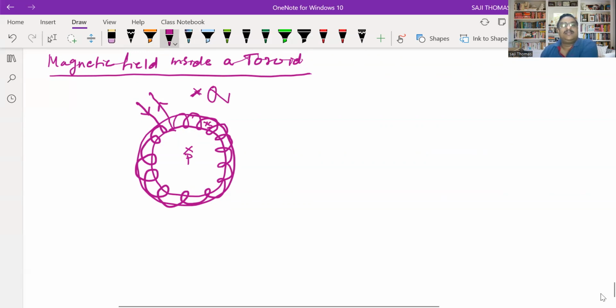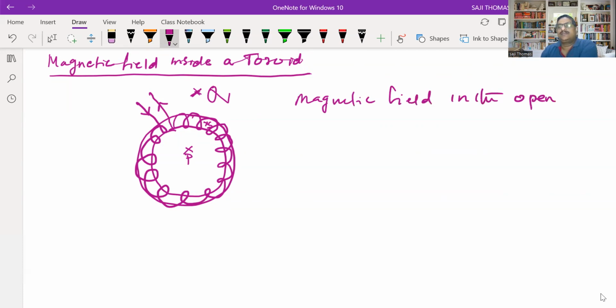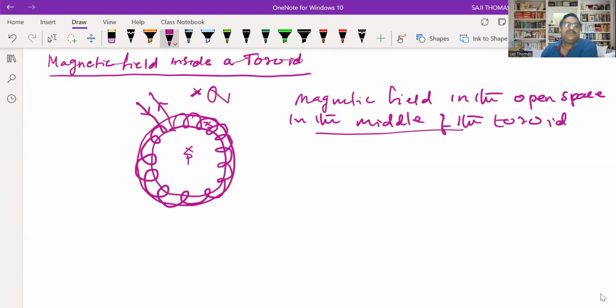First, the magnetic field in the open space in the middle of the toroid. You consider a point P in the open space.